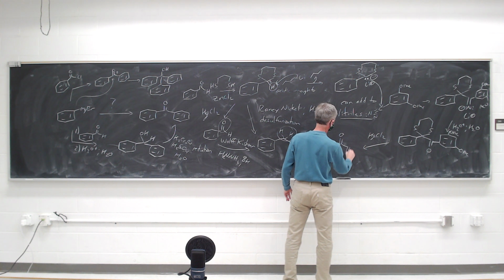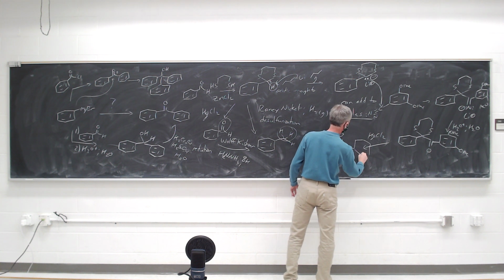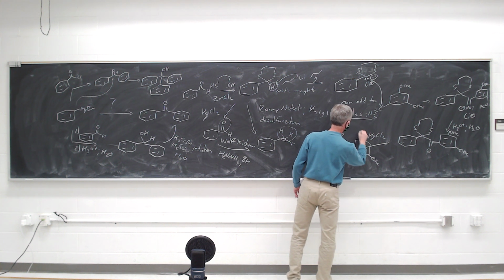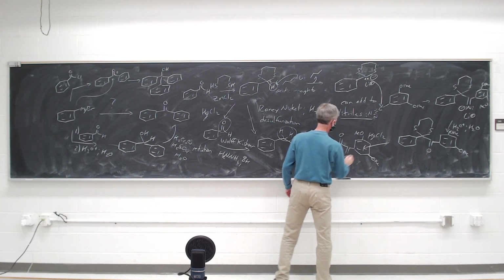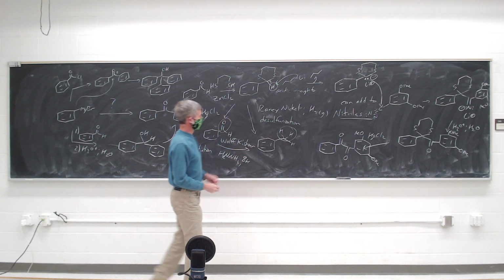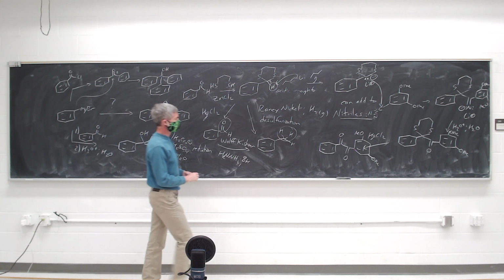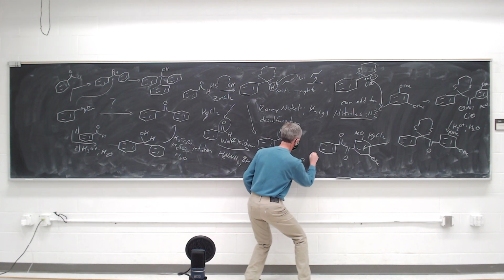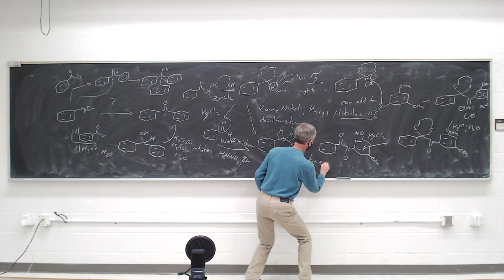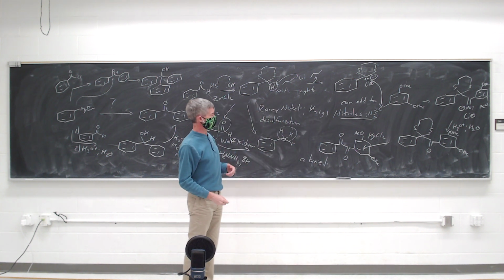Now you've got the dicarbonyl compound where you have two carbonyls adjacent to each other. This ring where you have two carbonyls like that sandwiched between two benzene rings is a benzil. This would be 3,5-dimethoxybenzil.